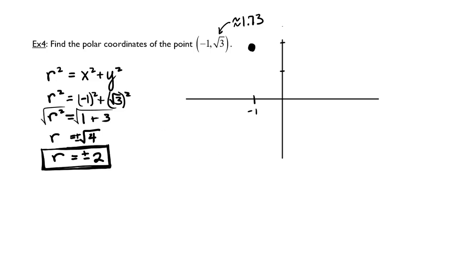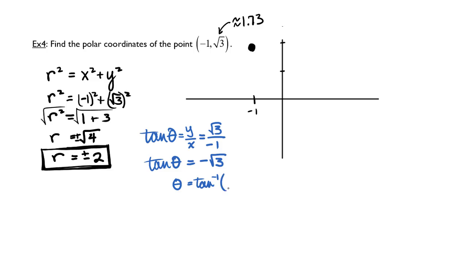Now I need to find my angle. I'll use tangent of theta is equal to y over x, where the y value is root 3 and the x value is -1. This means that tangent of theta is equal to -root 3. And so theta is equal to the tangent inverse of -root 3. If I simplify that or find that, I'll get the angle -pi/3.